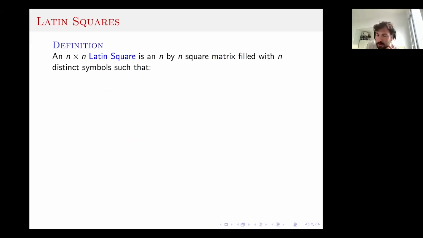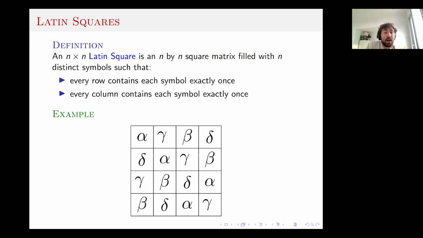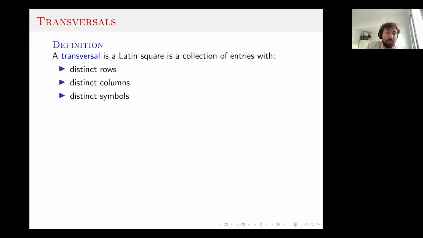So the detour goes back to Euler, who looked at Latin squares, and let me remind you what a Latin square is. It's just an n by n array with n symbols, each appearing in each column and each row exactly once. And so there's an example. And a transversal in a Latin square is a collection of entries with distinct rows, distinct columns, and distinct symbols.